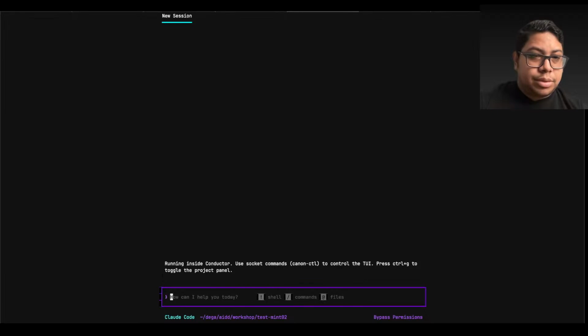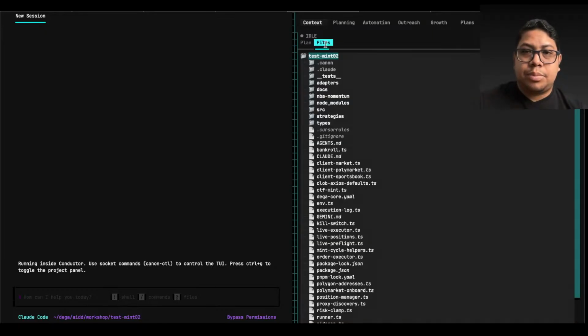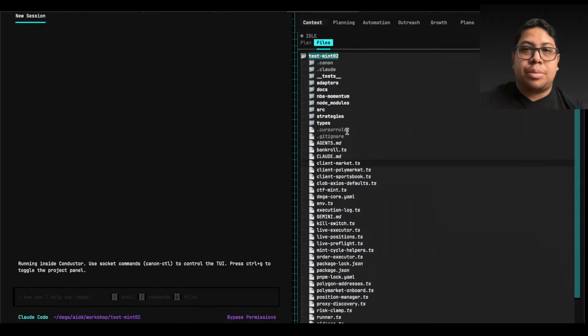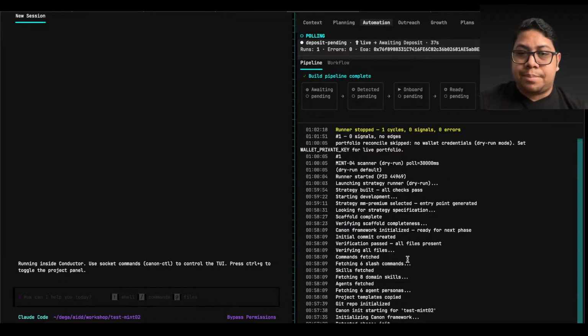All right, so here we have the previous one, and we can see it is a previous one because if we go into files, we can see the process already ran and we have the automation already created, right? If we come to automation, we can see what's already waiting for funds here.